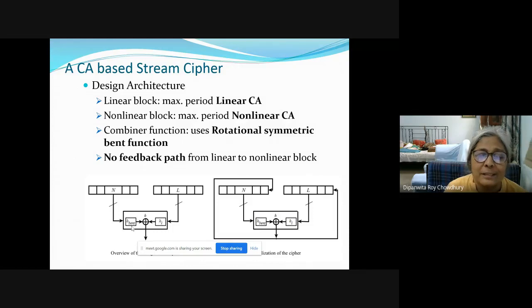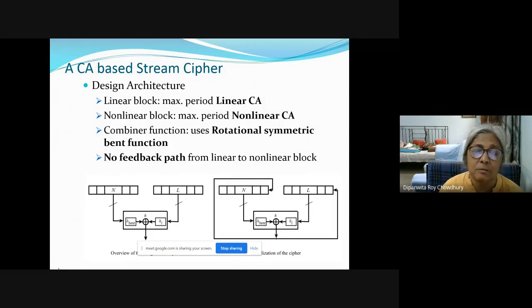So this is our filter, instead of only one function, again we have chosen these from all our past works. We have taken some bent function, and here again some linear function, and together we have combined them.